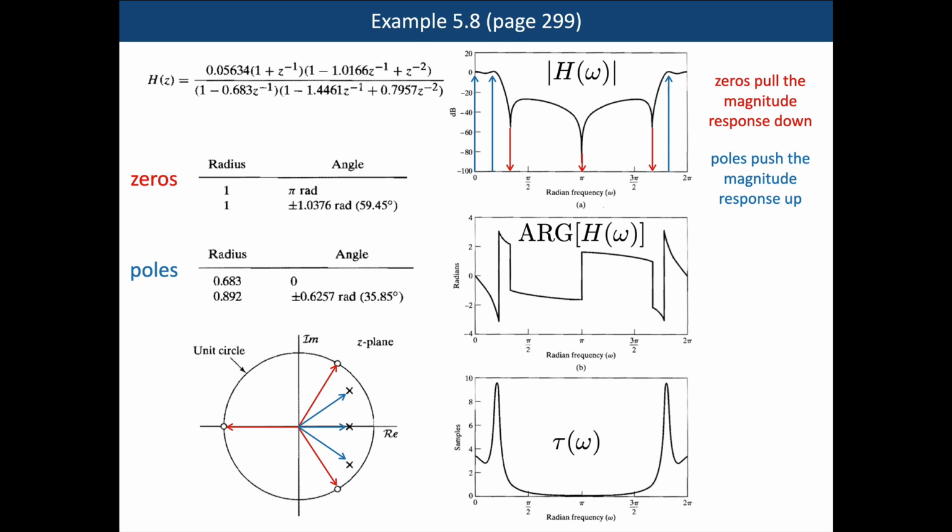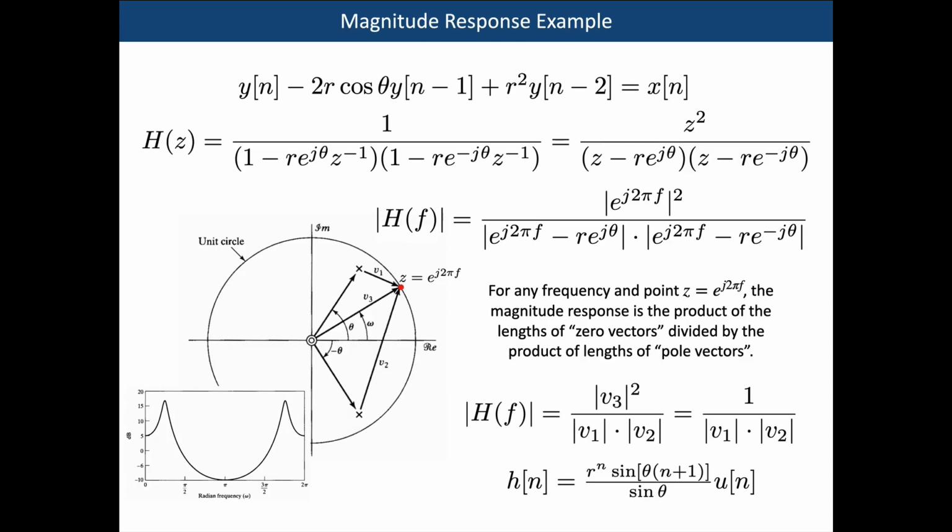If we really want to be technically correct about this, there's a better way to look at this, and I'd like to use an example to illustrate that idea. So at the top of the page, you see a difference equation where we have 3 terms in y and then 1 in x.